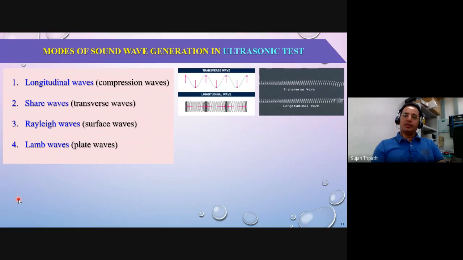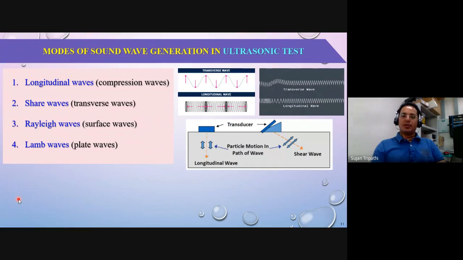I think you did the experiment in physics, right? In the school level experiment. Okay, and the next one is Rayleigh waves, which are also called surface waves. And the next one is Lamb waves. I will show a visual for these two waves later.